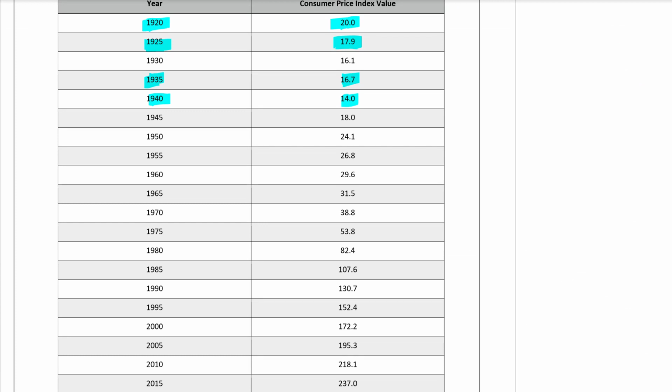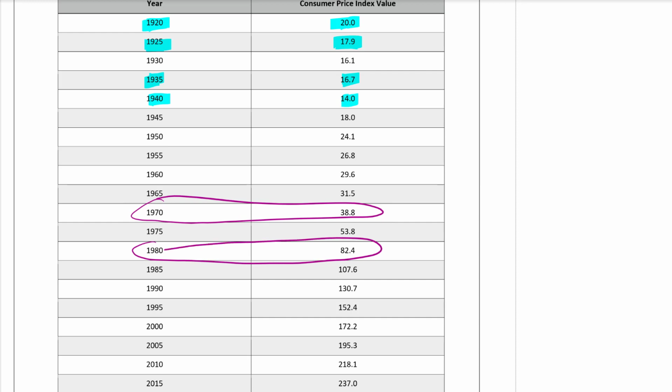Looking at those numbers, see where you can find the most significant jump, maybe like doubling. Over what period in United States history, based on this consumer price index? I'll give you a moment. Well, if you notice here, the years between 1970 and 1980. You see how it was 20, 29, 31, 38, but then all of a sudden it's 82. You can even go all the way to 1985 and see 100. This is more than twice.